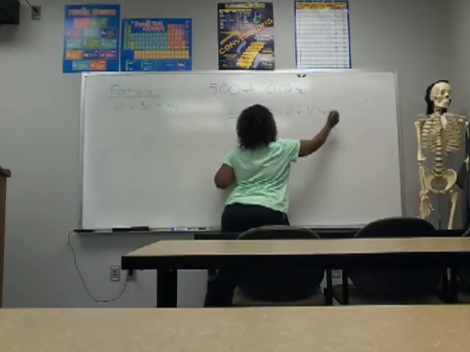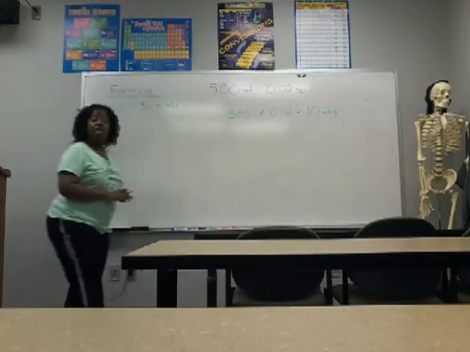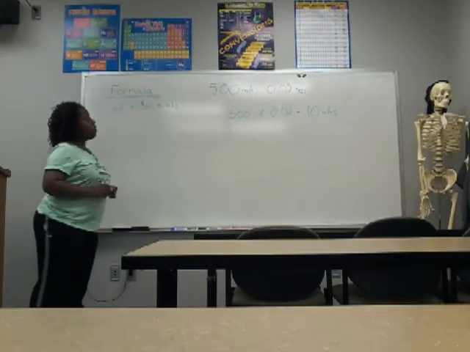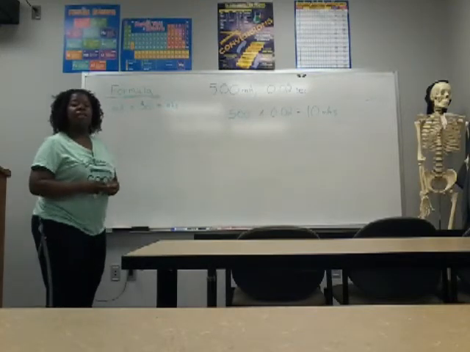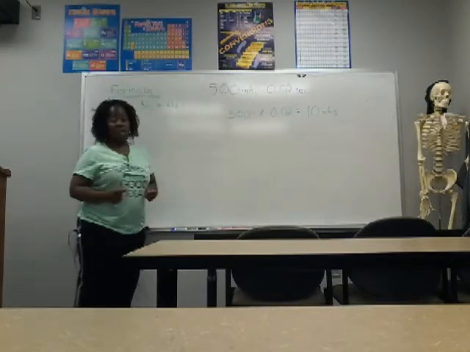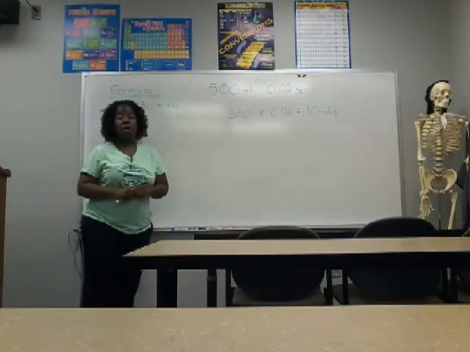Our mass is 10. It's just that simple. Now the other practice problems you can use, sometimes the seconds is going to be represented in fractions or even milliseconds. And I'm going to work out a few problems like that as well.